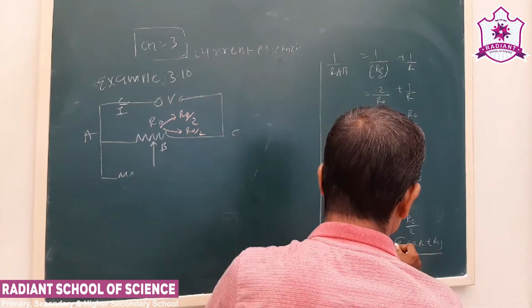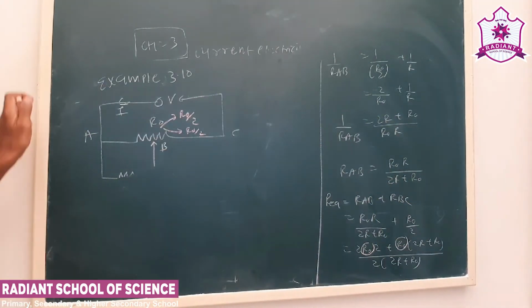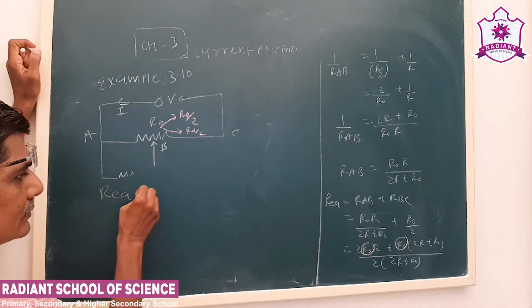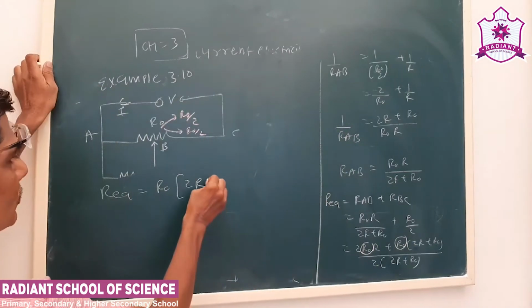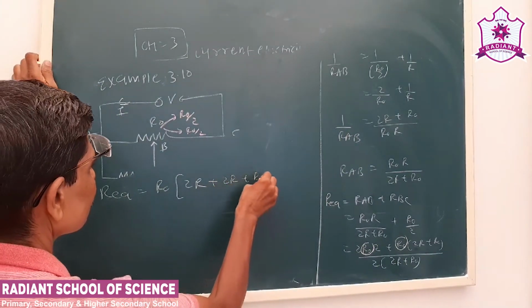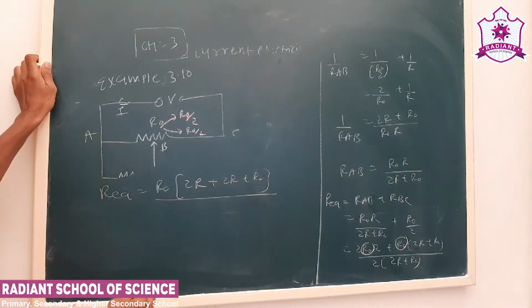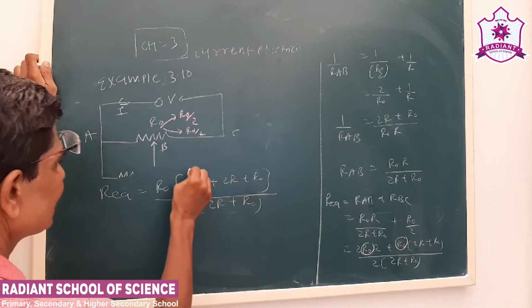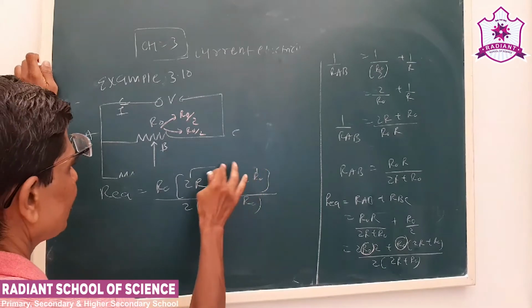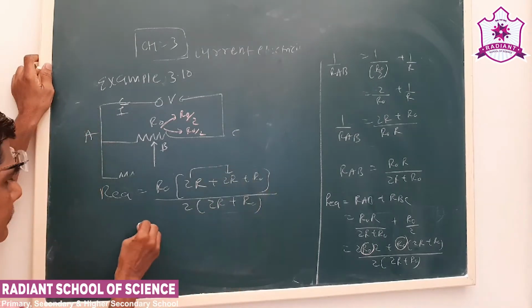So R equivalent, R0 common, 2R plus 2R plus R0 upon 2 into 2R plus. See, this will make 4R, sorry.